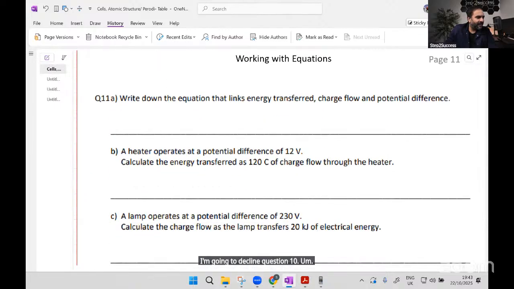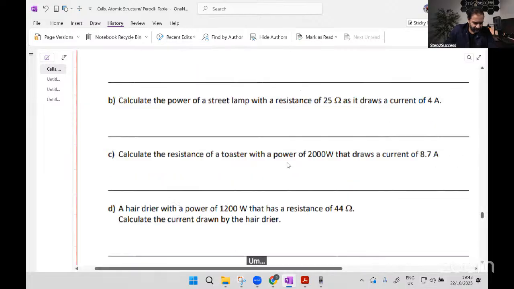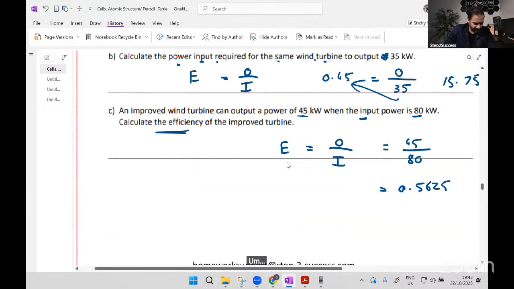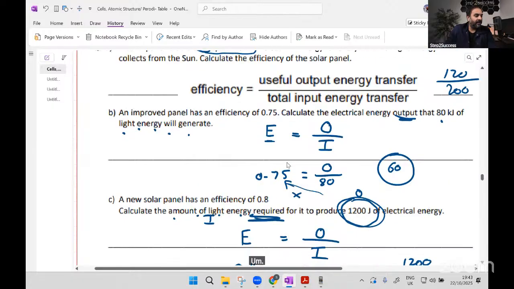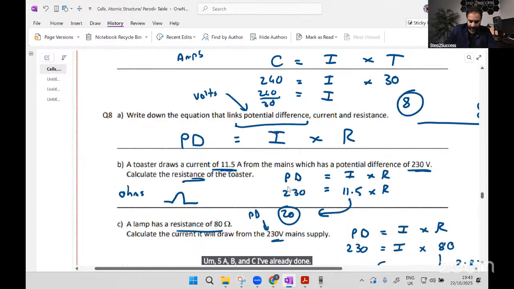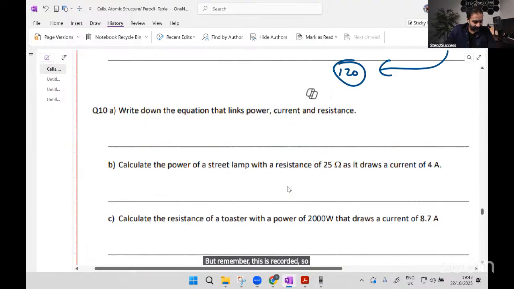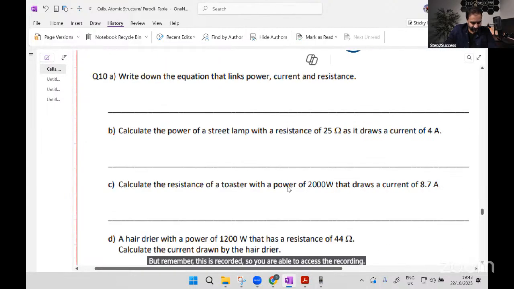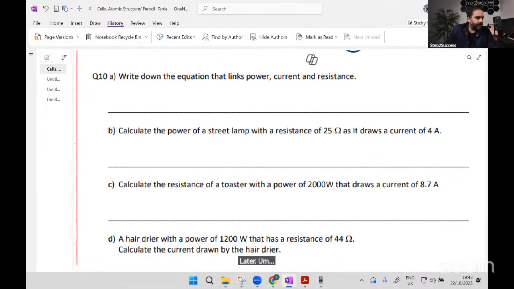I think 11 somebody asked as well. 5, A, B, and C I've already done. But remember, this is recorded, so you are able to access the recording later. 12 has been asked, and I think somebody said 11 as well.